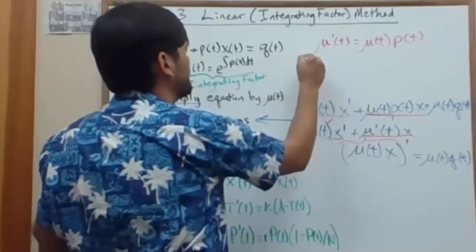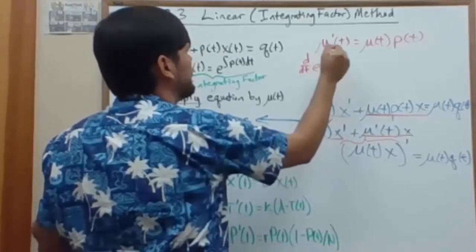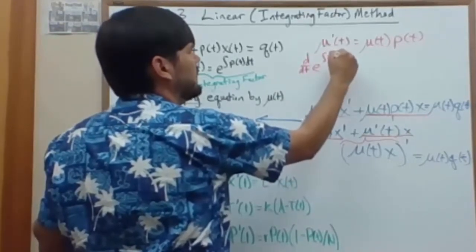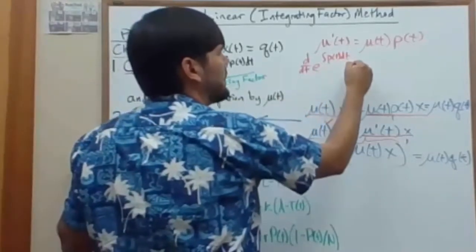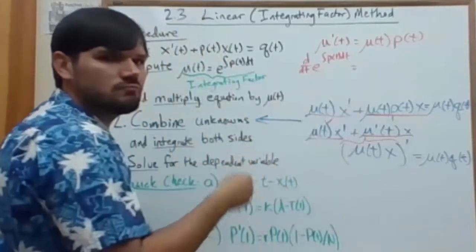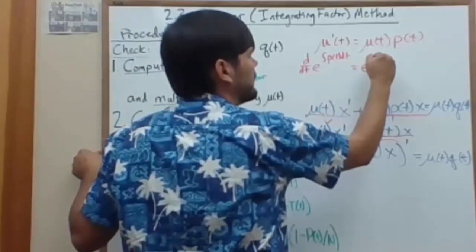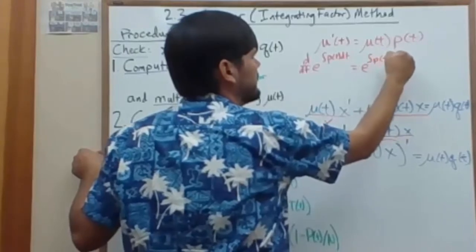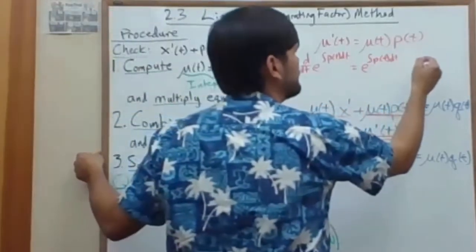So we take the derivative of e to the integral of p of t dt, and that gives us the exponential e to the integral of p of t dt times the derivative of the exponent.